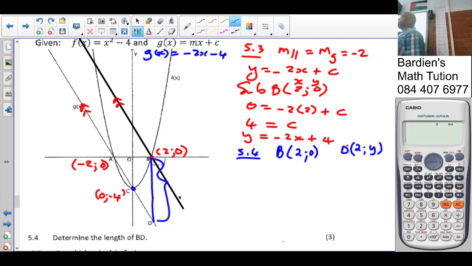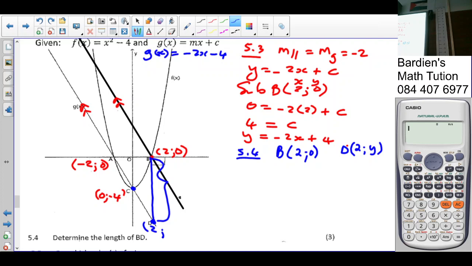How do I get the corresponding y value here for D? You substitute 2 into the equation of g of x. Why? Because once we set the x value in, you'll get the y value out. Substitute the y value in, you will get the x value out of that point. That's how our function works.